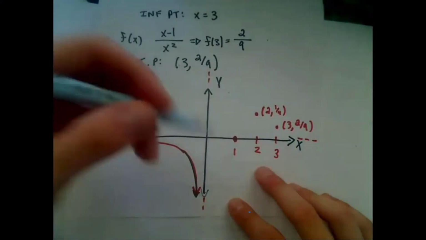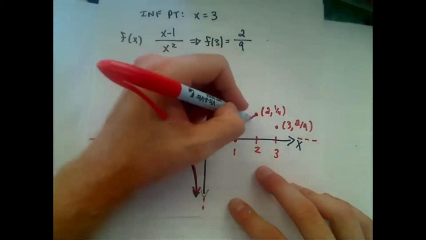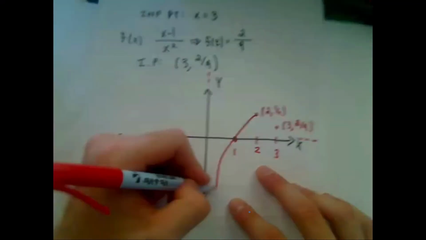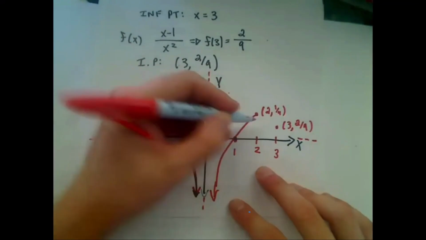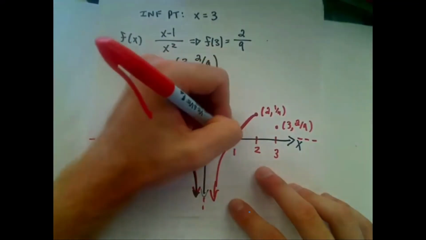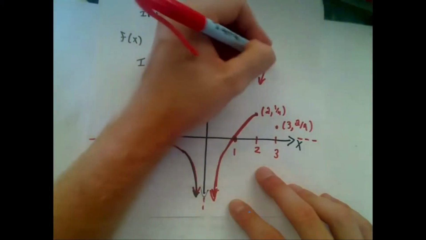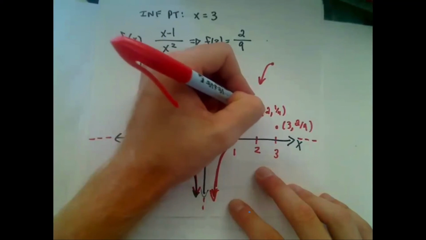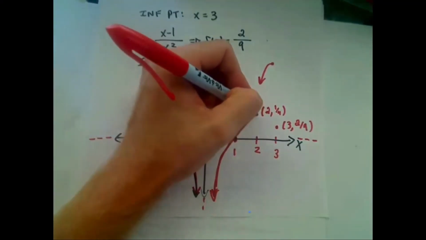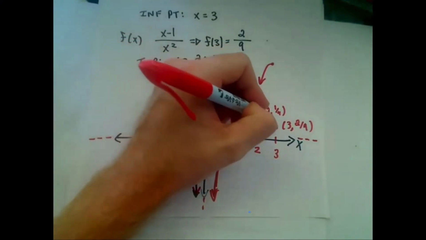The function was increasing up to 2, so I'm going to try to make it increasing up till 2. It's supposed to kind of look like the left side of a parabola. And then we know it's still concave down, I think I said concave up. It's concave down from 0 to 3, so it still should have this kind of parabola shape.